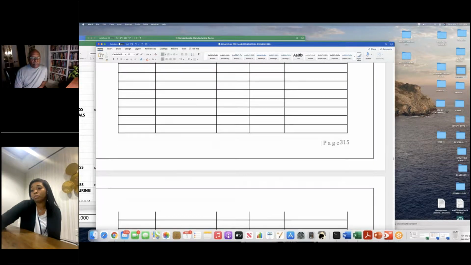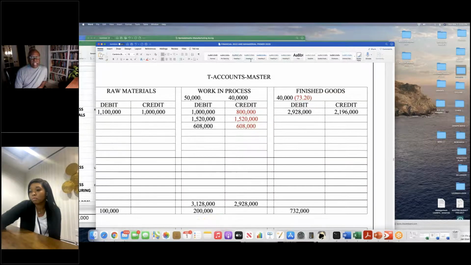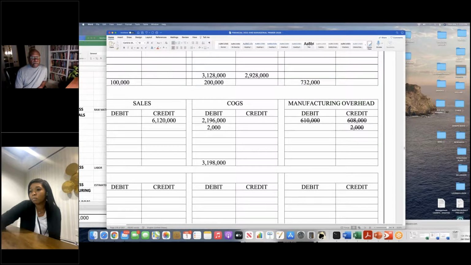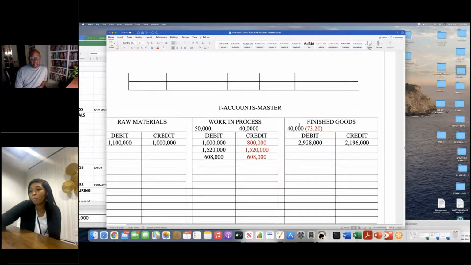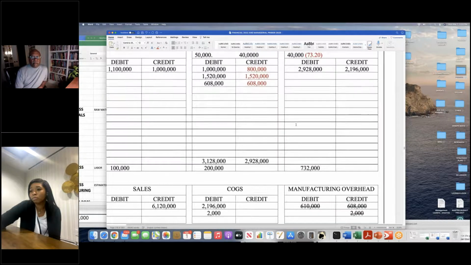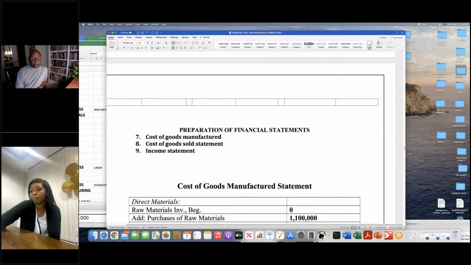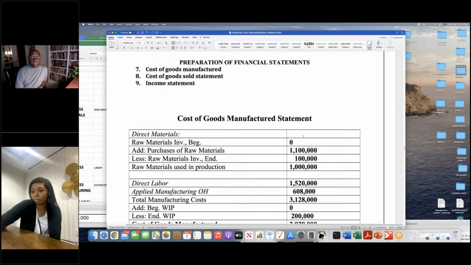Now, once you make your journal entries, then you got posting to T accounts. So the first person makes journal entries and they shift it to the next person. So you're shifting not only your journal entries, but what you have posted in the T accounts. Then we have the preparation of the financial statements. So the cost of goods manufactured statement, we'll give that to Buford.